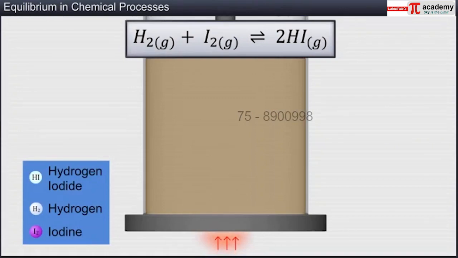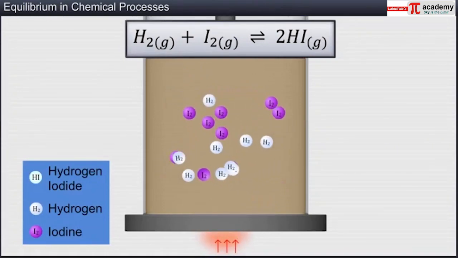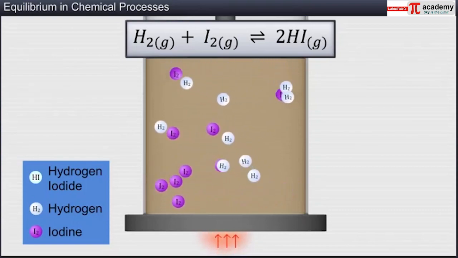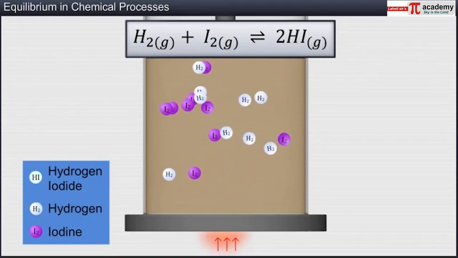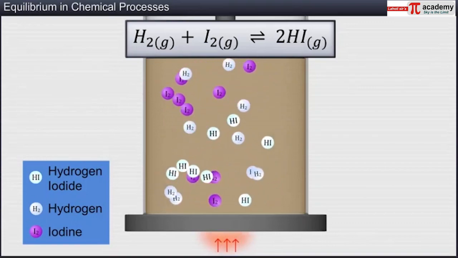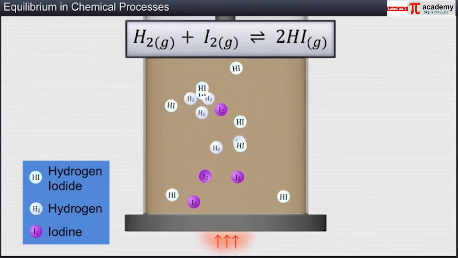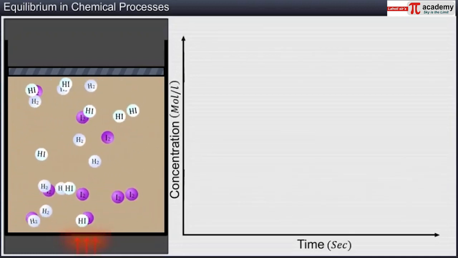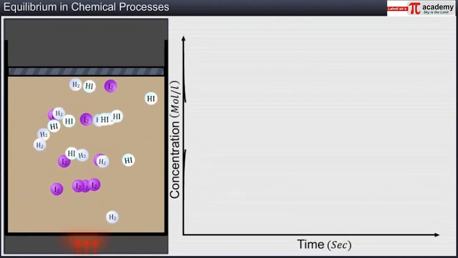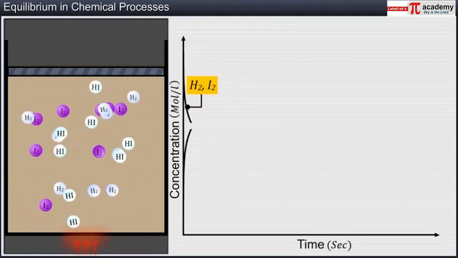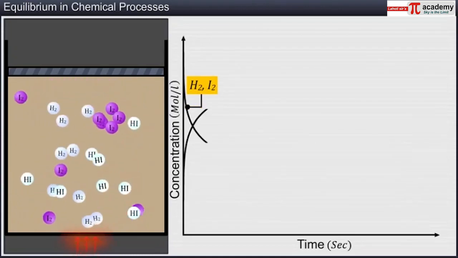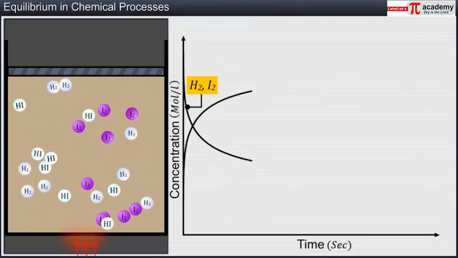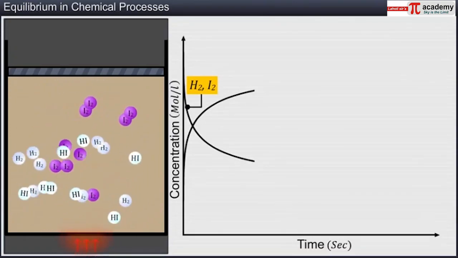When a mixture of equal initial concentrations of hydrogen and iodine are taken in a flask, maintained at 717 Kelvin, the intensity of the purple color decreases after some time. This is because, as the reaction proceeds, the concentrations of hydrogen and iodine decrease as they are consumed, and hence the rate of forward reaction slows down.